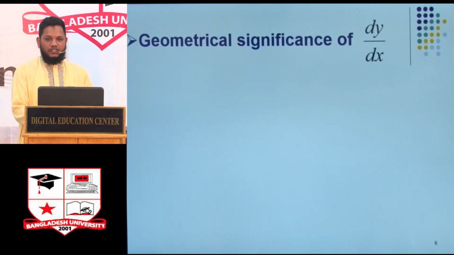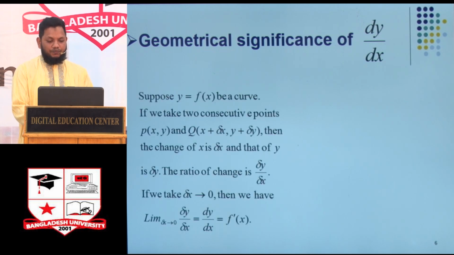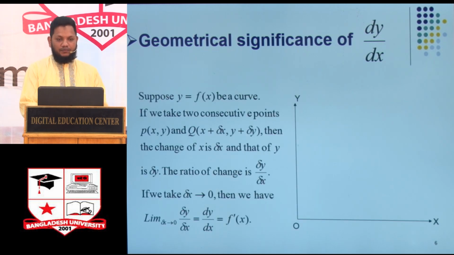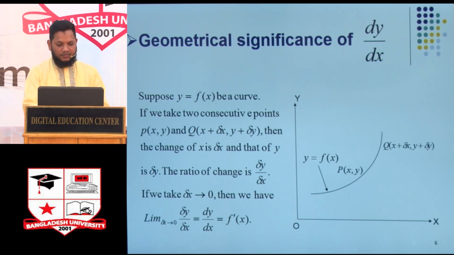Geometrical significance of dy/dx here. If we take a graph of a function of x, y equals f of x, and we consider a point P(x, y) and an adjacent point Q(x plus delta x, y plus delta y), two consecutive points, the change of x is delta x and the change of y is delta y.